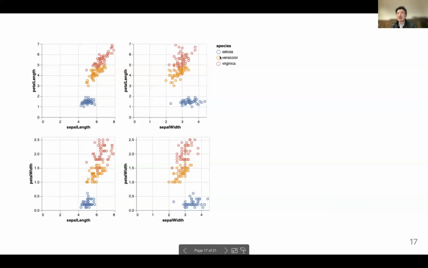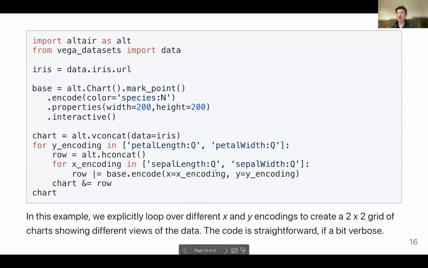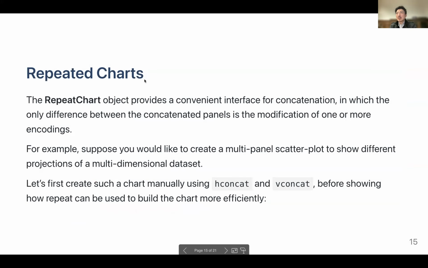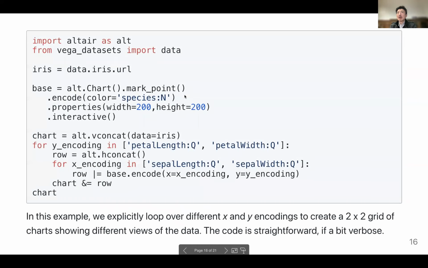So I put these two charts together on top of these together. Okay. And so that's possible, just say with the horizontal and vertical concatenation. But they created something called a repeated chart to make this much easier, so you have to write less code to achieve the same effects.